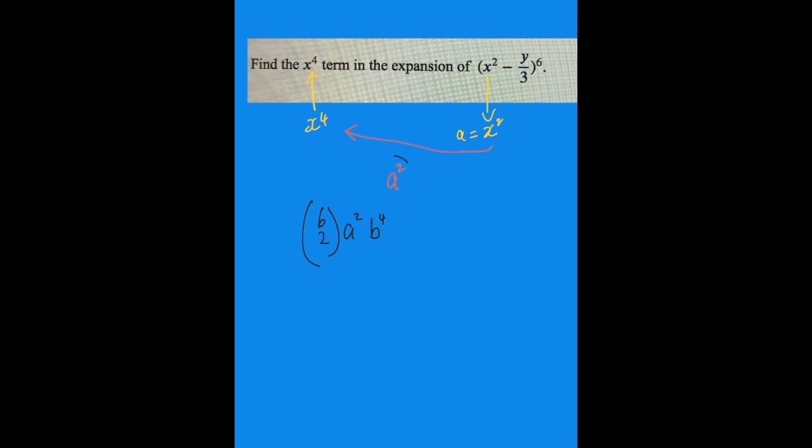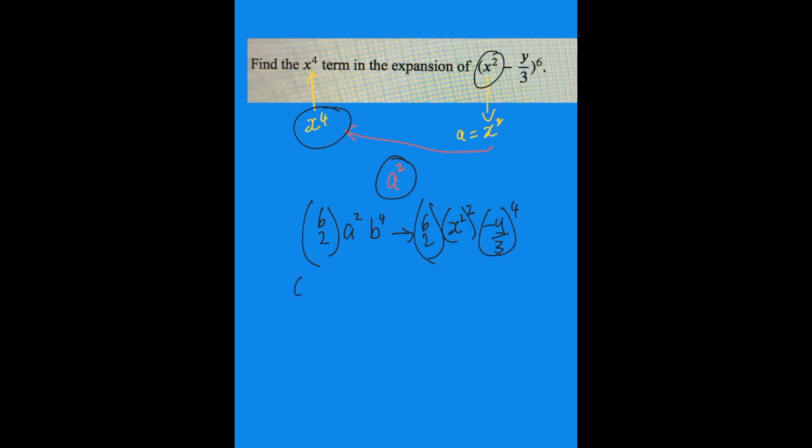That's very important because I've already got x squared as a. So if I expand that further, I've got (x squared) squared, and that's what I want, and then you've got negative y on 3. Don't forget this b is very important. That's to the power of 4 now.